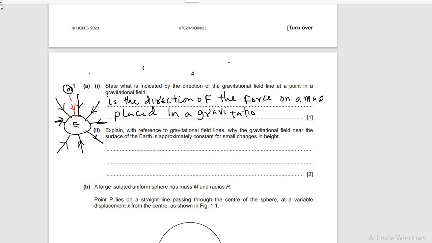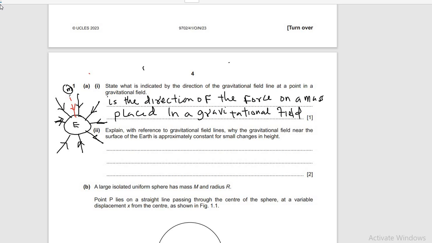If you remember, that mass is accelerated towards the center by the gravitational force pulling it toward the center, which is also the direction of the line. So the line indicates the direction of force on the mass placed in the gravitational field. That's the meaning of the line.